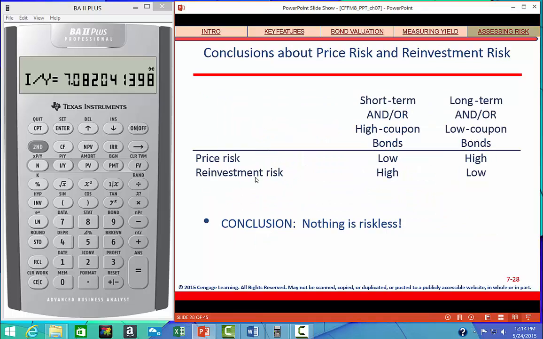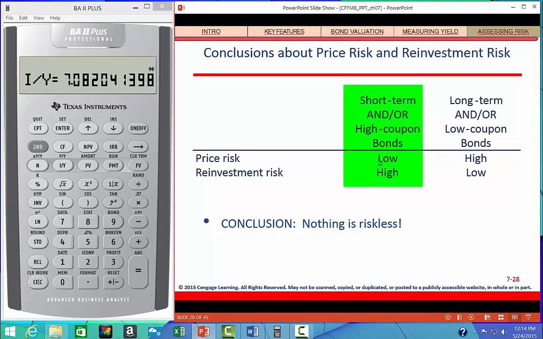In terms of the two types of risk we were talking about, we can divide it into categories of bonds. Price risk was the first one, and that's the risk that interest rates go up and bond prices go down. Reinvestment rate risk is the risk that interest rates go down and you face a lower reinvestment rate.